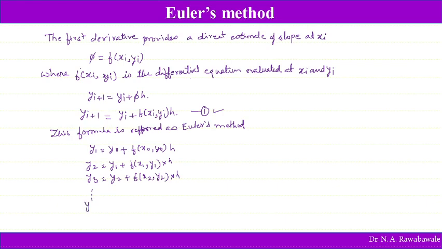Finally yn plus 1 is equal to yn plus f of xn comma yn into h. So this is the general way to find the modified approximation for the integral of this ordinary differential equation.